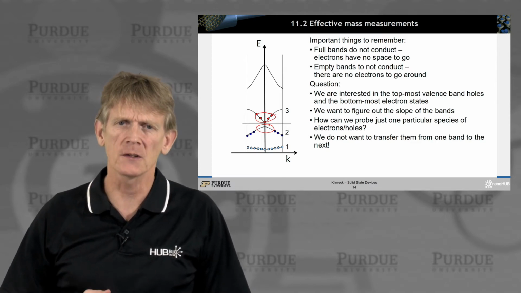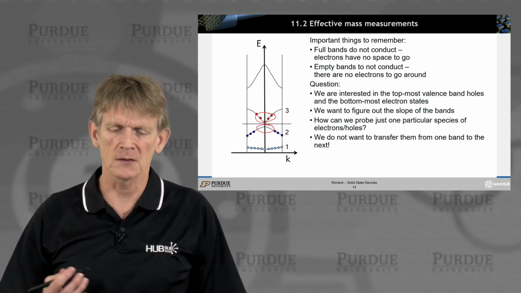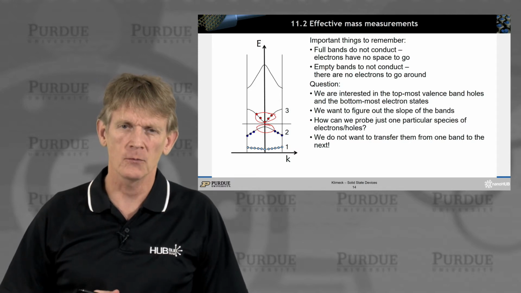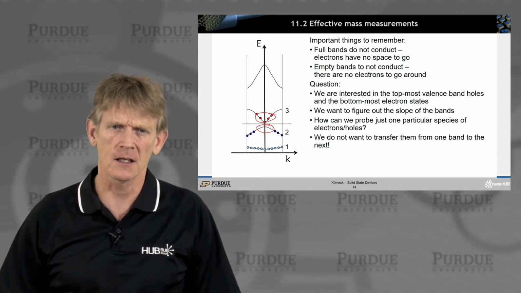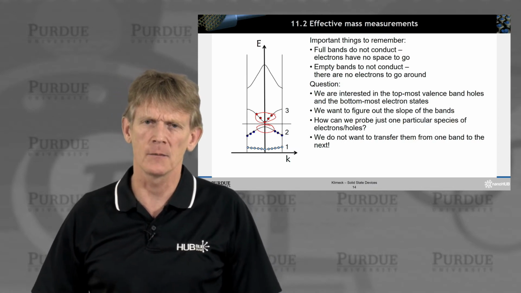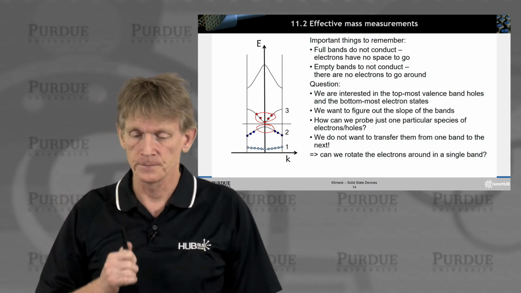We want to figure out the slope of these bands, and whether we can probe just the specific species of electrons and/or holes. We don't want to excite the carriers from one band to the other. We want to measure them as they are in their bands. So what are methodologies that can do that?